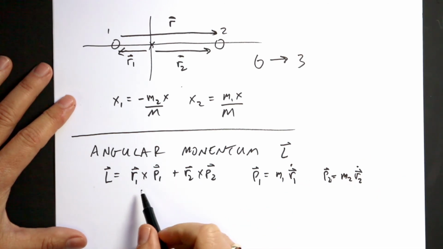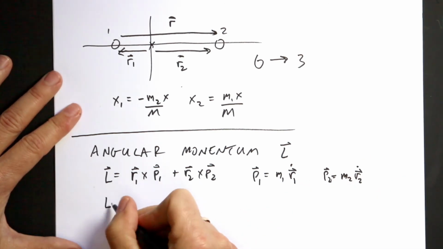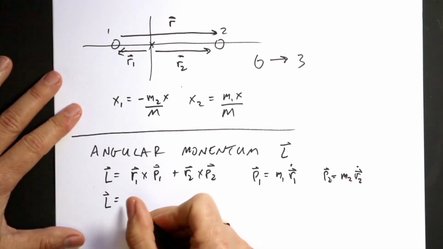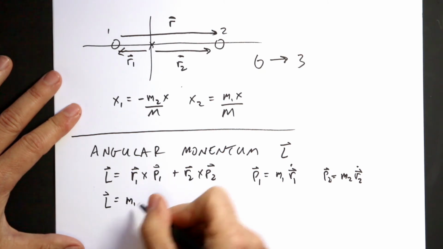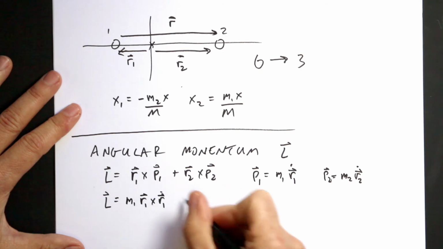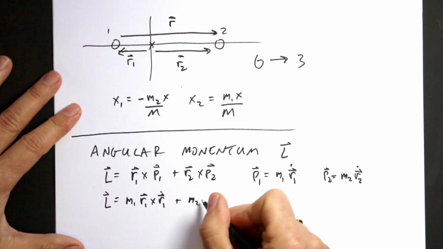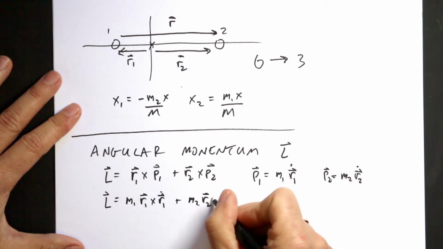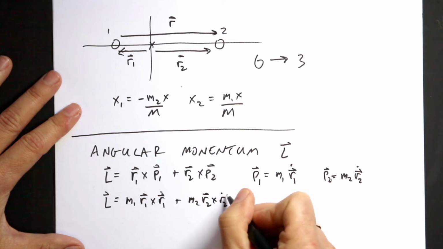So if I put that in up here, I get L, the vector, equal to M1 R1 cross R1 dot plus M2 R2 cross R2 dot.